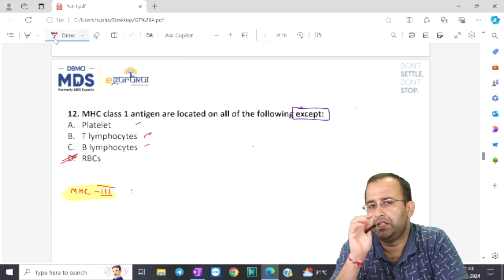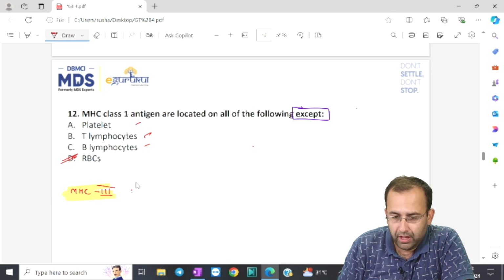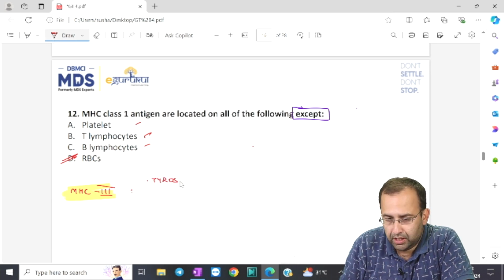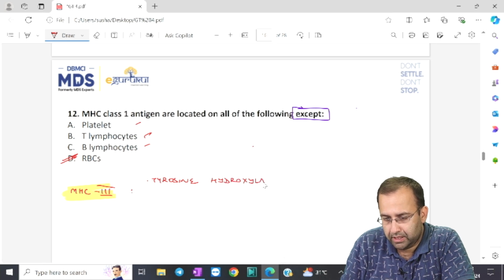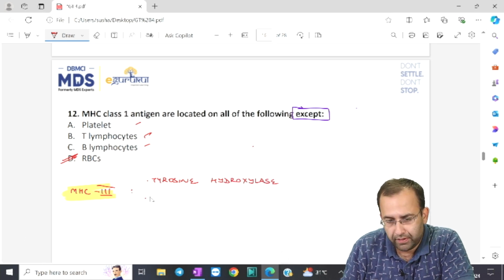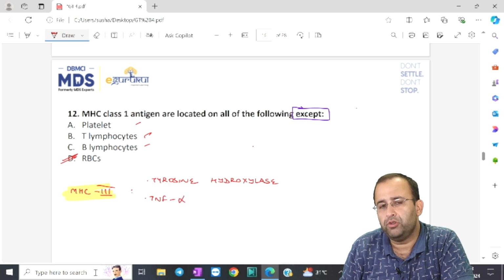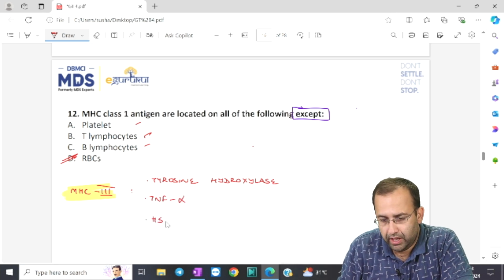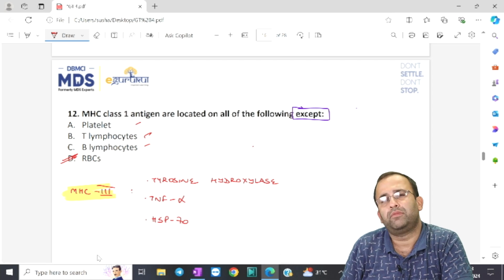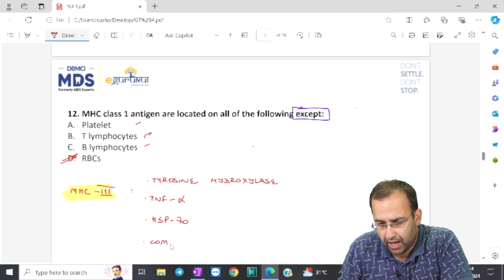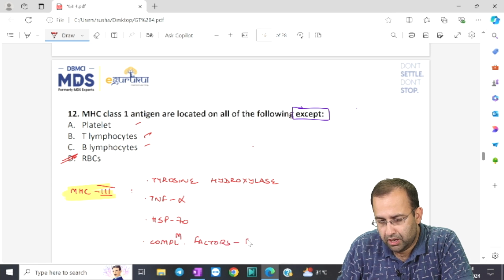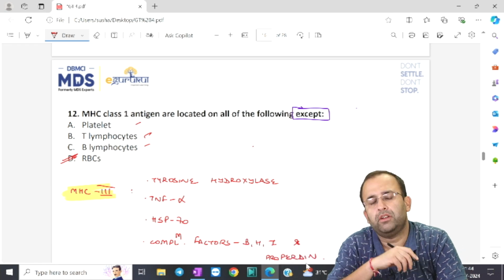MHC3, it secretes 4 things. MHC3 secretes tyrosine hydroxylase, TNF alpha, tumor necrosis factor alpha, heat shock protein 70, HSP 70, and complement factors B, H, I and properdin.